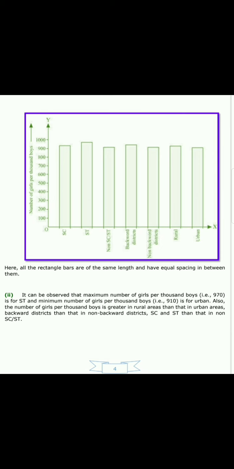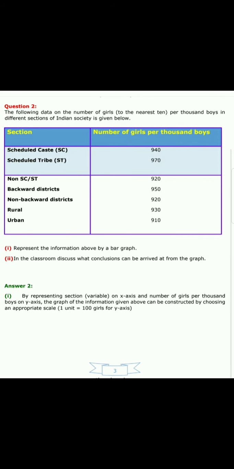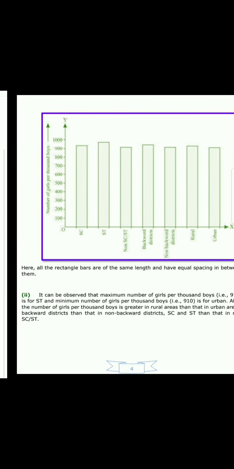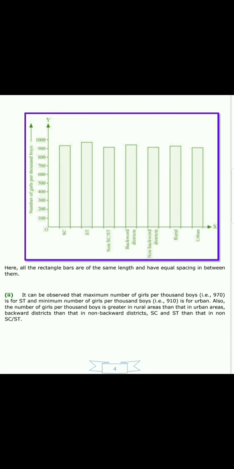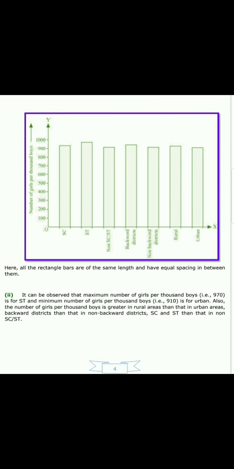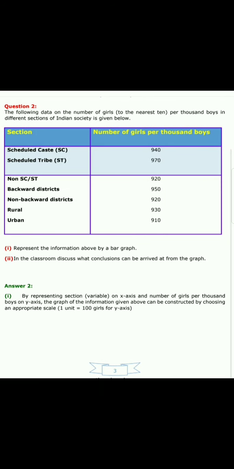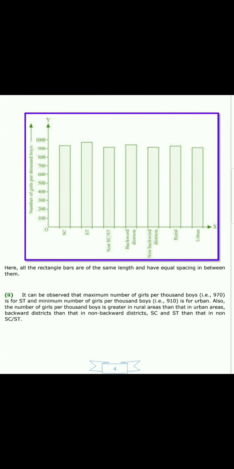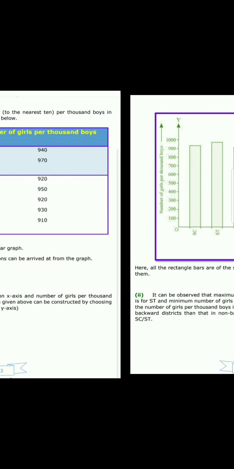As you can see here, in SC there are 940 girls per thousand boys. In ST there are 970 girls per thousand boys, which is the maximum. Non-SC/ST has 920 girls, represented by the bar graph, and backward districts have 950 girls, which is greater than non-SC/ST.